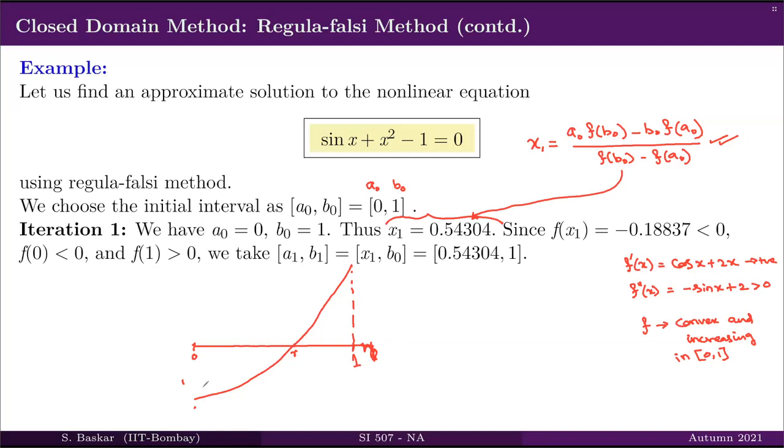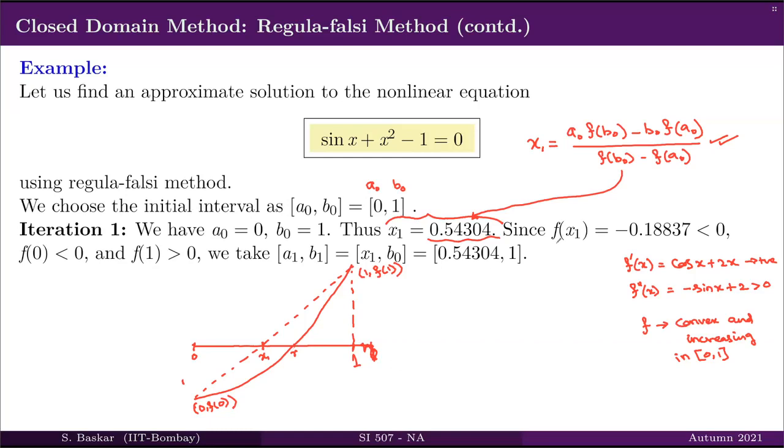And our x1 is nothing but the line joining the points 0, f of 0 and 1, f of 1, right? And this point is what we were trying to capture. x1, maybe graphically it may not exactly look like 0.54304, but overall idea is this.